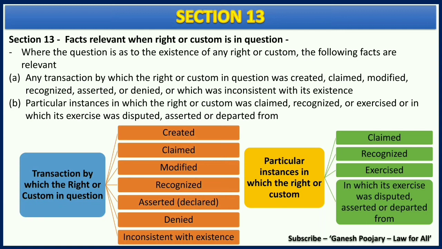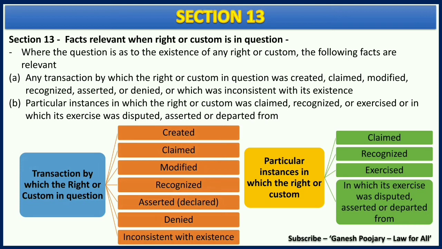Now let us try to understand word by word. There are two subclauses, subclause A and subclause B, and for both I have made a chart. First, let us discuss subclause A, the first chart, where there are 7 different aspects of a right or custom related transaction. If there is any transaction related to the right or custom, what are the different things which become relevant?